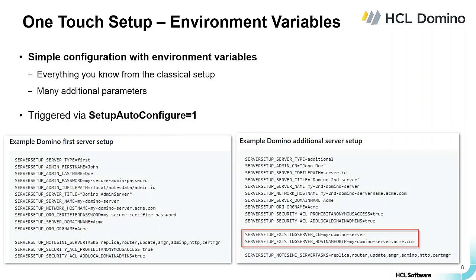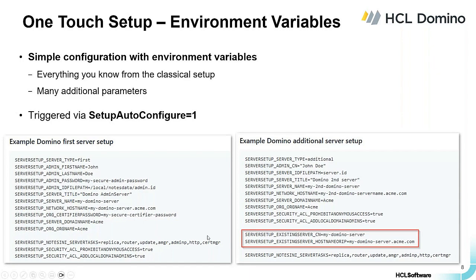We have two different ways to configure servers with one-touch setup. The simpler way that you could start with is to use environment variables. You would just put in the basic parameters. I put this up here for a first server setup and for an additional server setup.